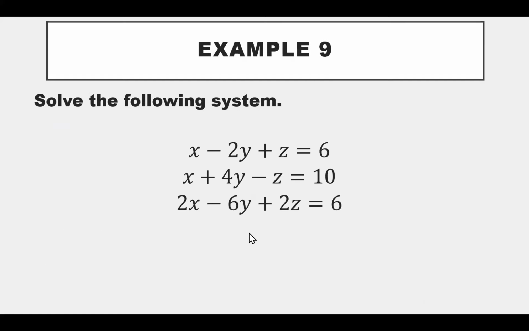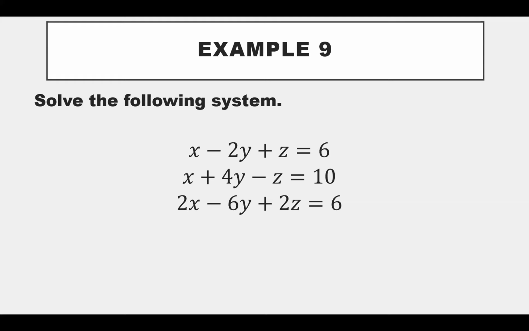So let's do an example where we can do that. Here we have a system of 3 equations and 3 variables. Our variables are x, y, and z. Now, I've situated these equations in such a way so that they're all lined up.